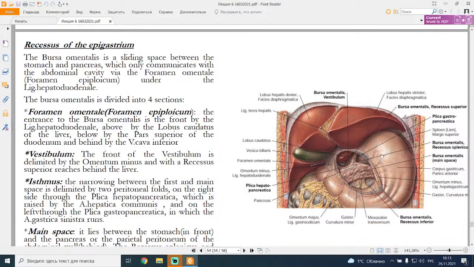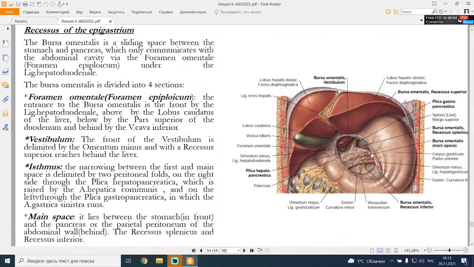Recessus of the epigastrium. So you see, bursa omentalis is a sliding space between the stomach and pancreas, which only communicates with the abdominal cavity via the foramen omentale, foramen epiploicum, under the ligamentum hepatoduodenale. The bursa omentalis is divided into 4 sections.